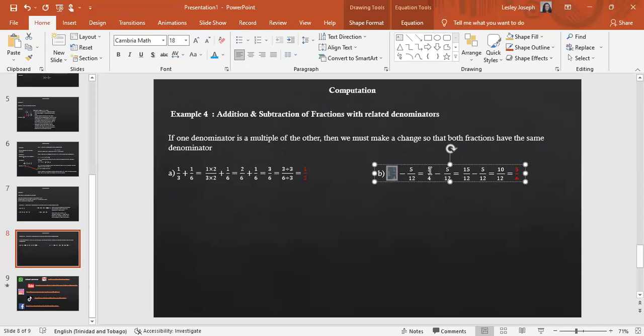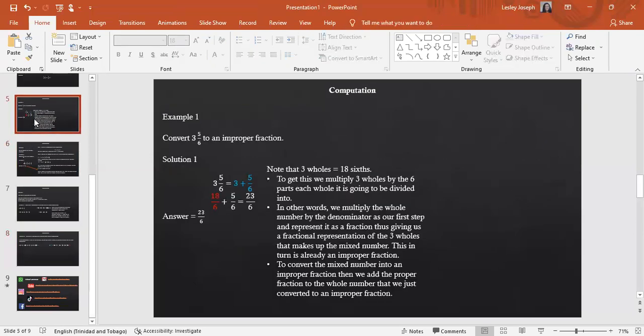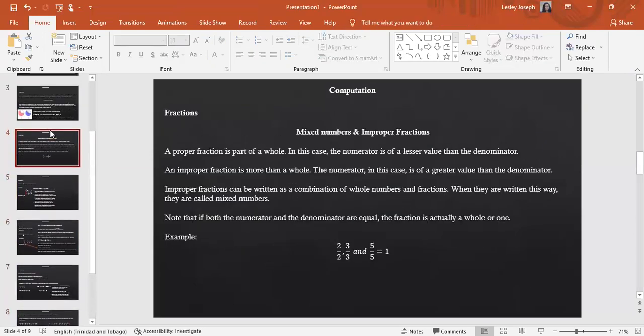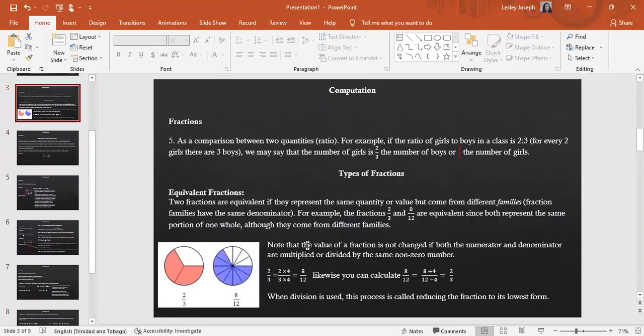And now, the next thing we need to do is make this all the same denominator. So we're going to find what is equivalent of 5/4 in twelfths, right? We're going to use the same thing we did earlier in class, where we multiplied 2 by 4 and 3 by 4 to get 8/12.